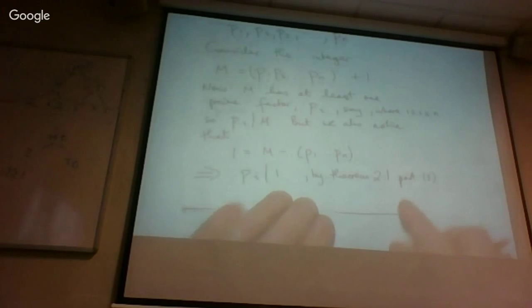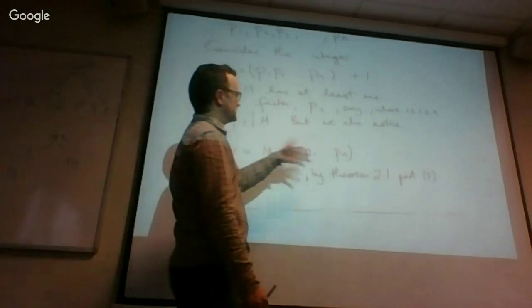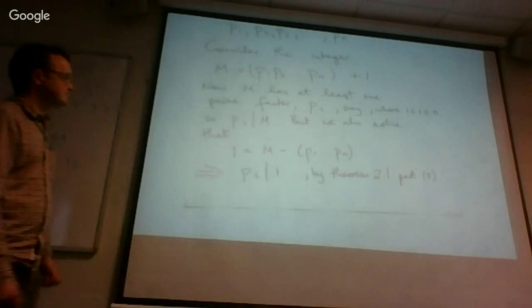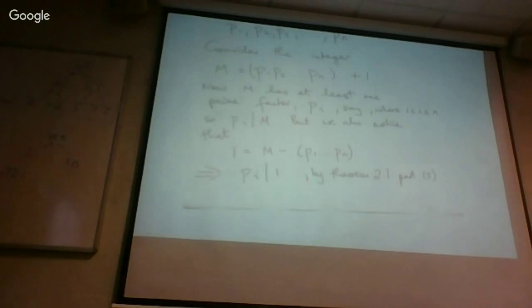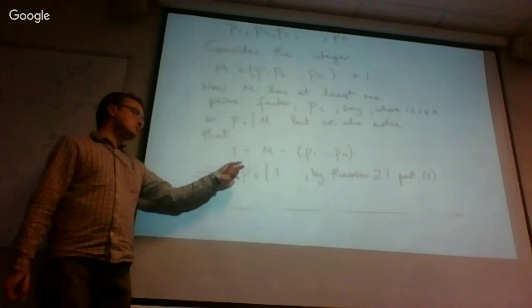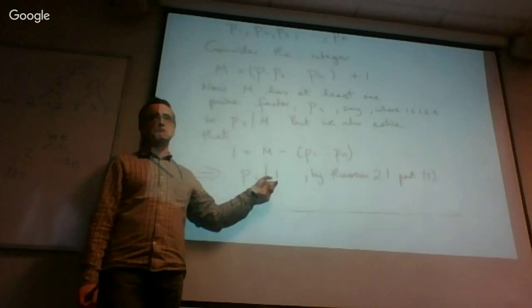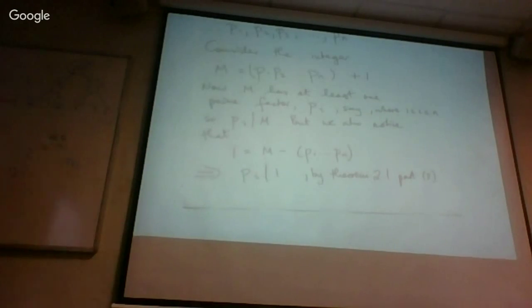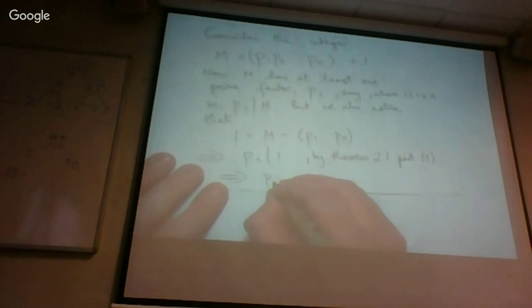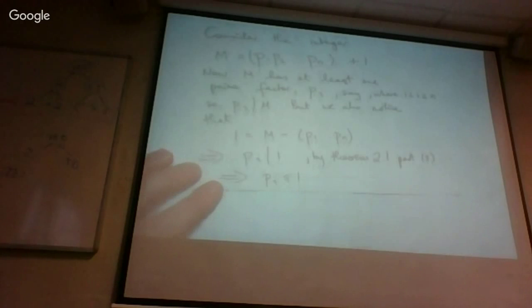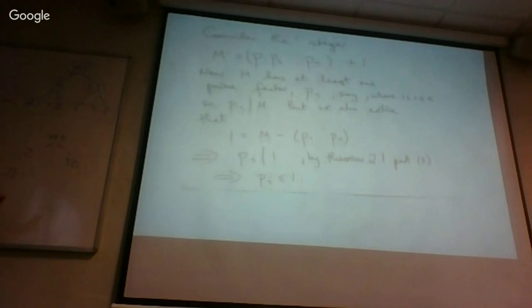This was the fact that if you've got a number dividing two numbers, it divides any linear combination of them. Now we seem to have arrived at a prime number that divides 1, which seems to imply that Pi is less than or equal to 1, because 1 is divisible by Pi.